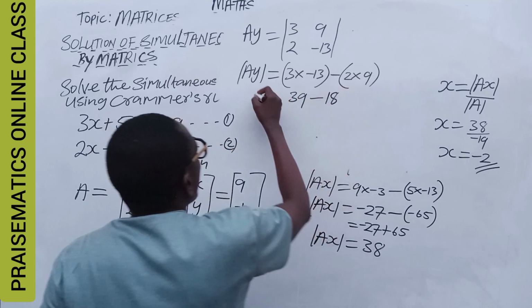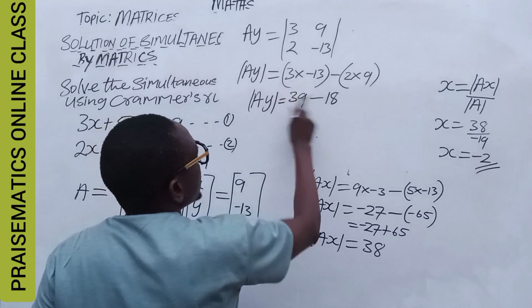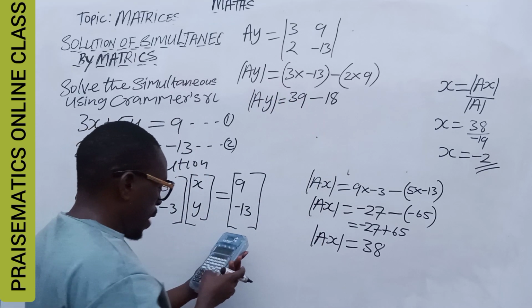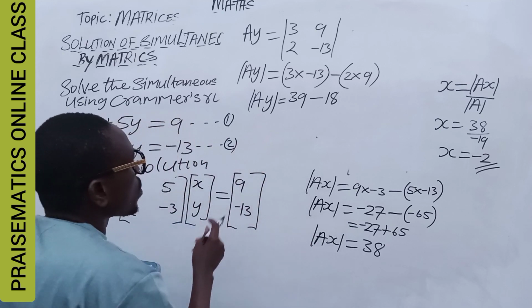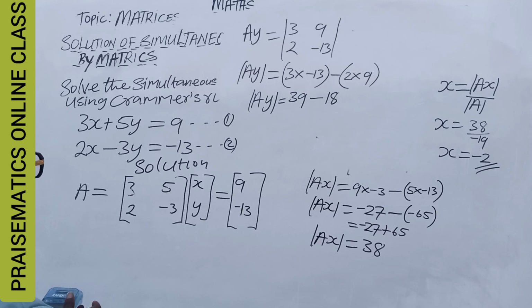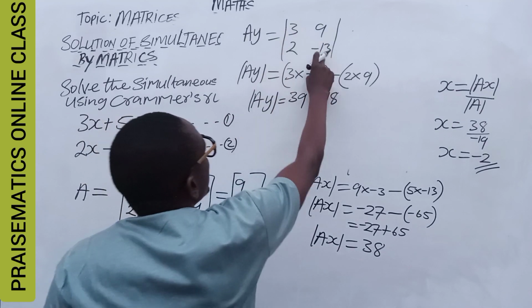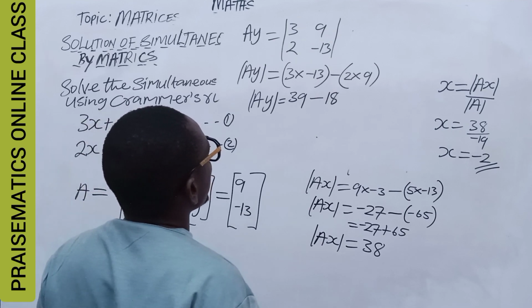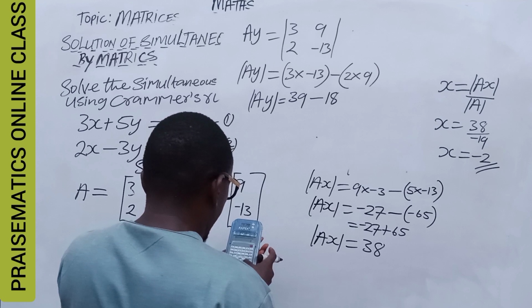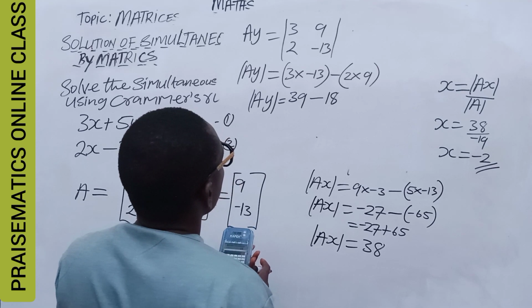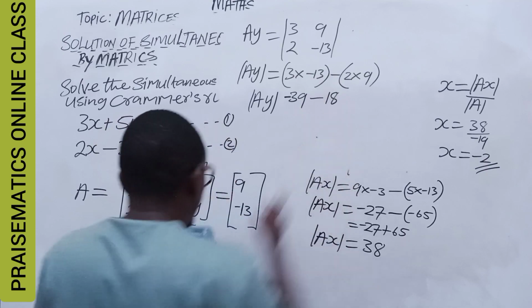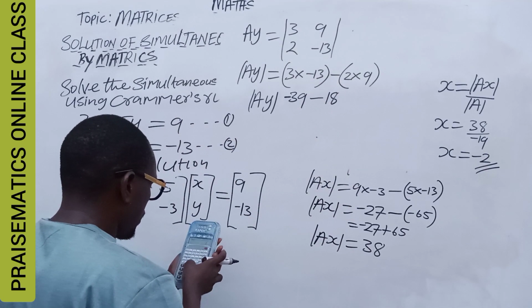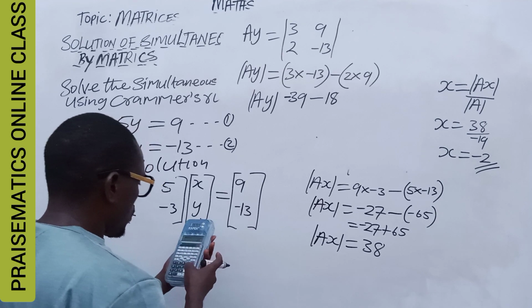So we have -39 minus 18, which will give us -57.